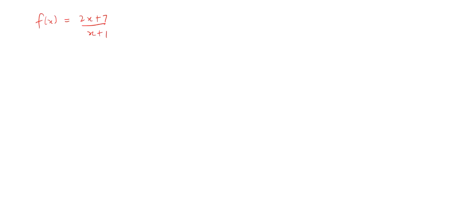Now this is probably the hardest type of inverse they might ask you to find, but you have to follow the same steps. So the first thing you do is you let y equal (2x plus 7) over (x plus 1). Then we interchange x and y.